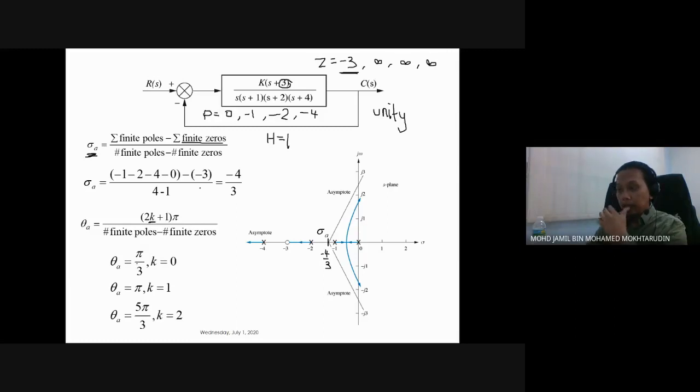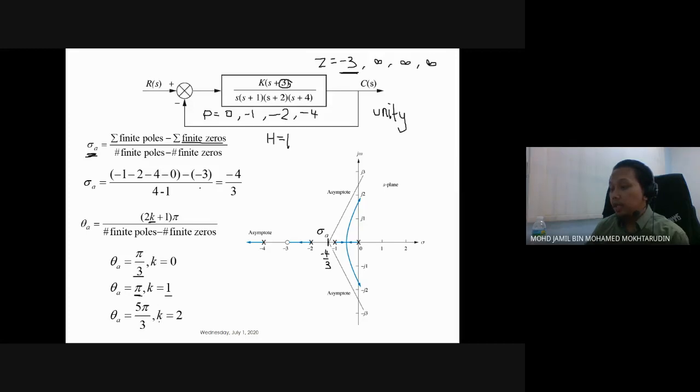So first, you assume k equals 0. So when you assume k equals 0, you will get pi over 3. So the first angle is pi over 3. Next, you assume k equals 1. When you substitute k equals 1, you will get theta a equals pi.